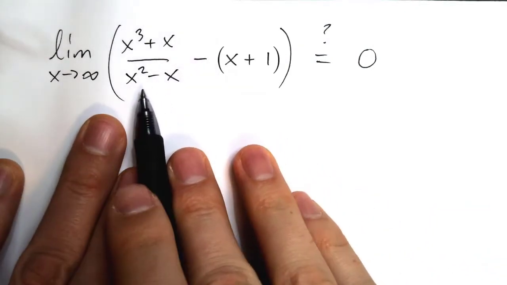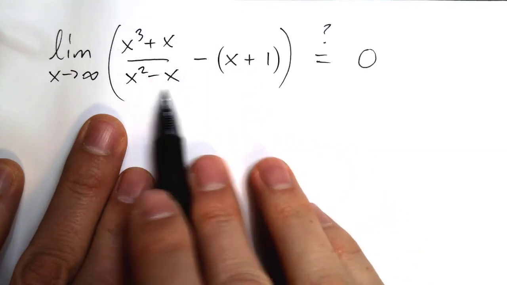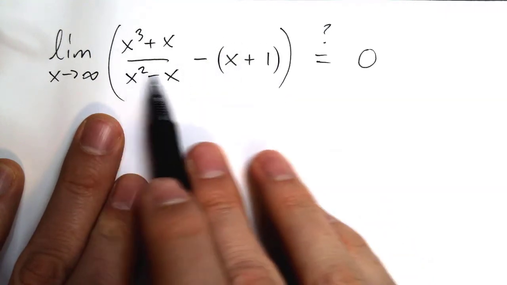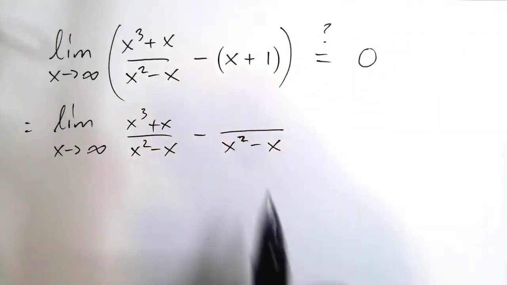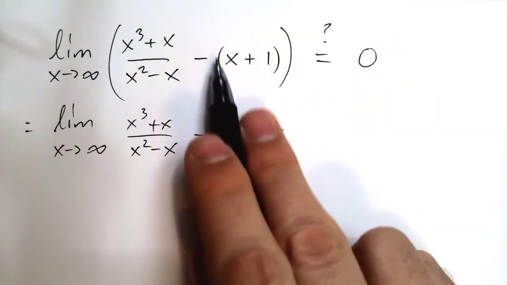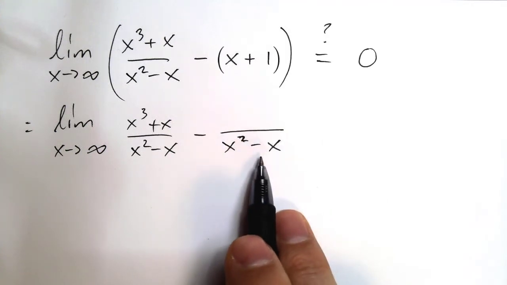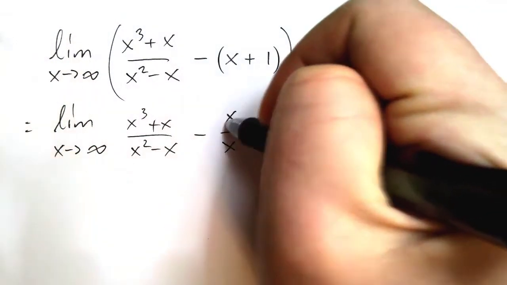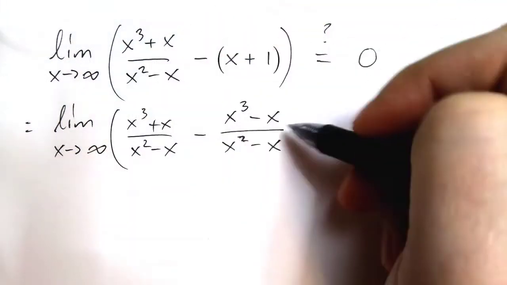Well, okay, to do this limit, I think we want to combine these, right? So let's get a common denominator. So I'm going to multiply the numerator and denominator of this guy by x squared minus x. And when you do that, you should work this out as an exercise for yourself, you'll see that you get x cubed minus x, right?